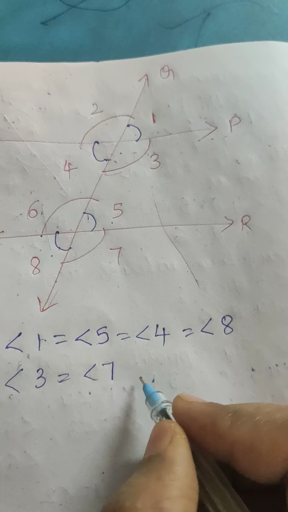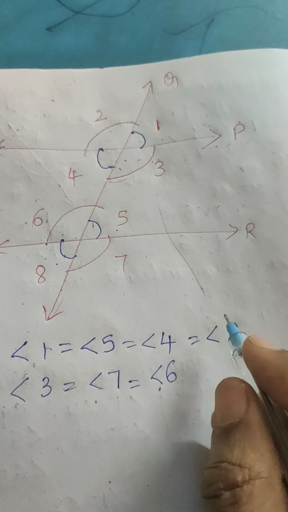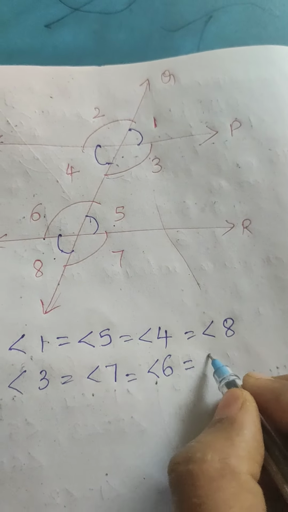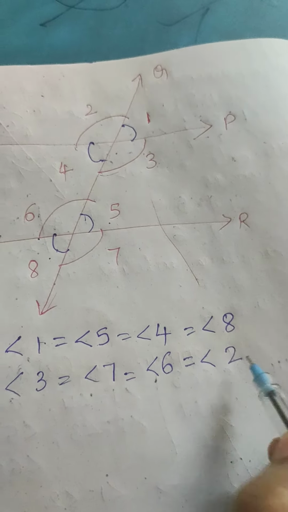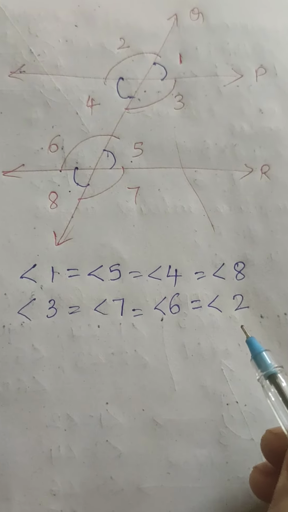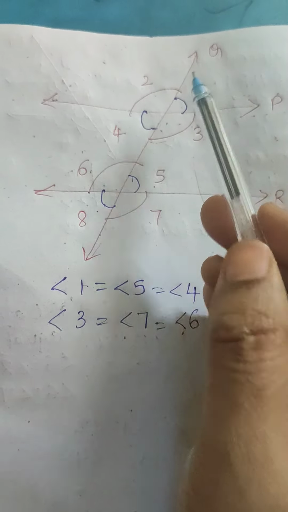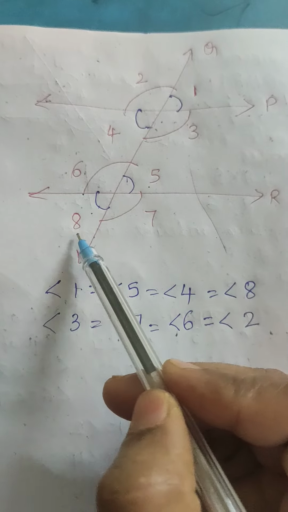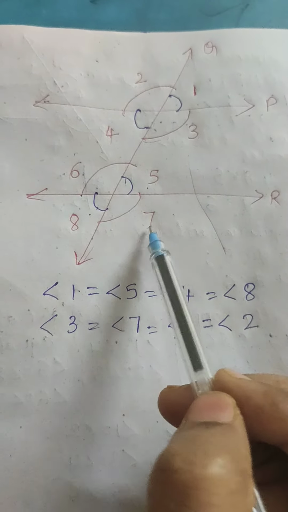That means this is equal to angle 6, which is equal to angle 2. This is what we observe finally: angles 1, 4, 5 and 8 are all equal, and 2, 3, 6 and 7 are equal.